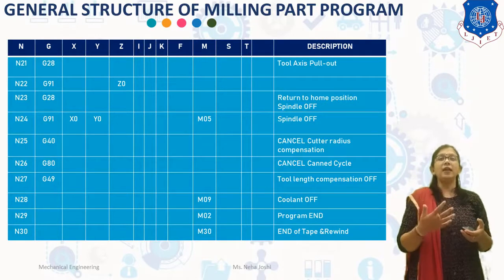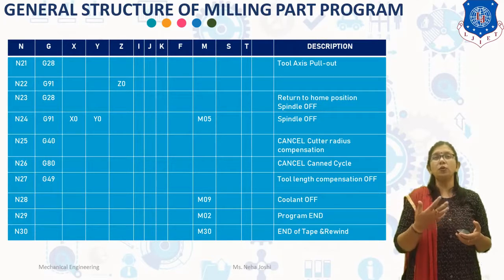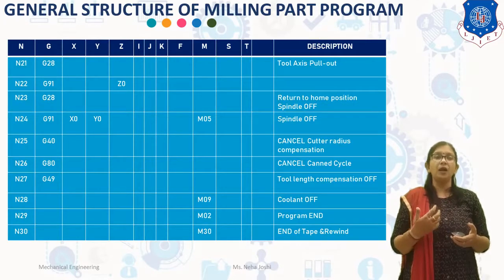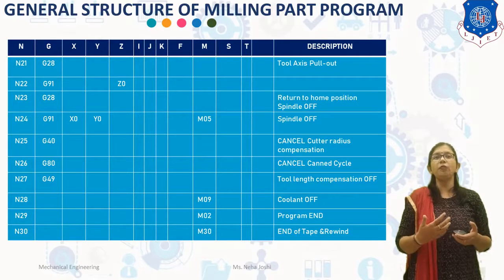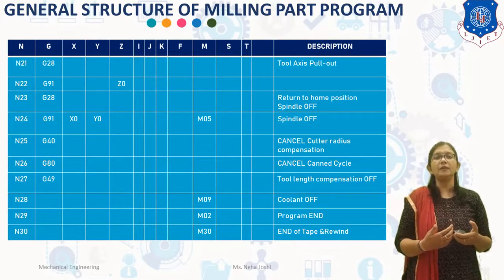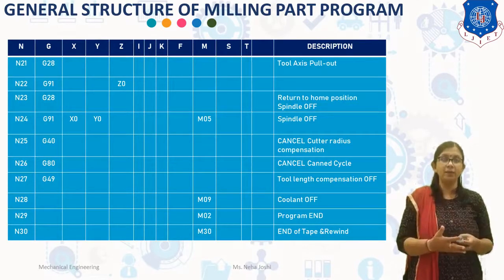Then the next sequence is N24, and G91 is used to return the tool to home, and M05 is used for turning off the spindle. After that, the next sequence is N25, and G40 is used to cancel the cutter radius compensation. Then the next sequence is N26, and G80 is used for the cancellation of the canned cycle.